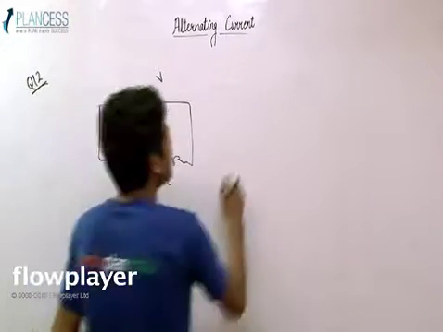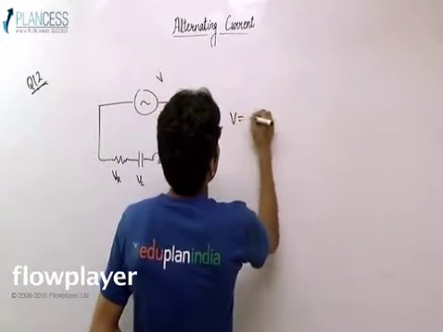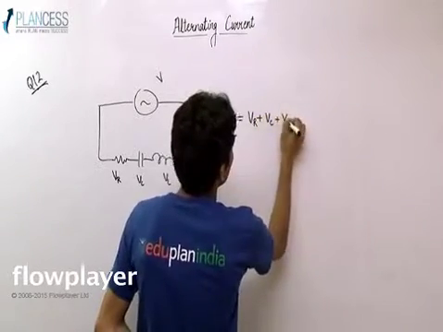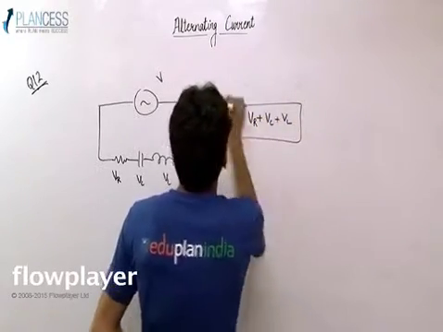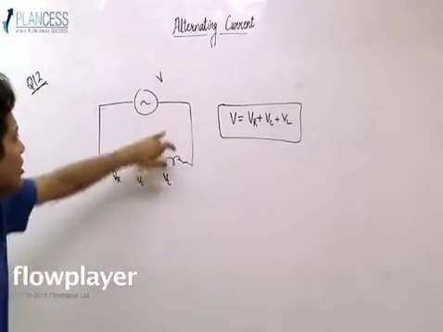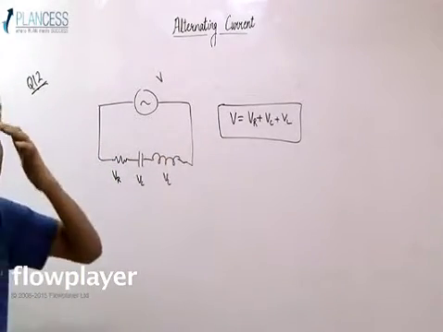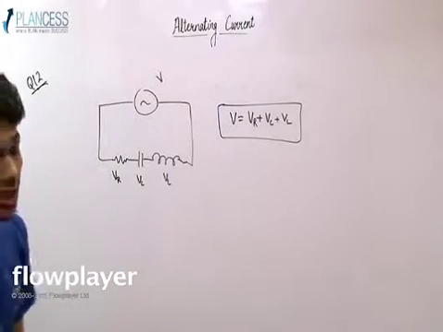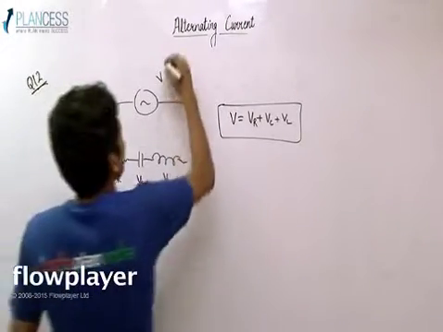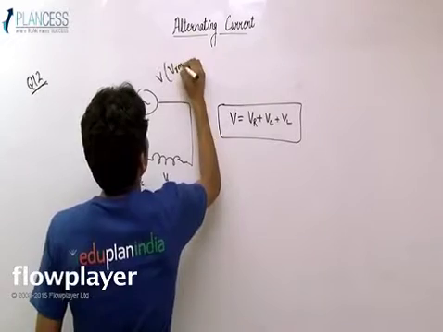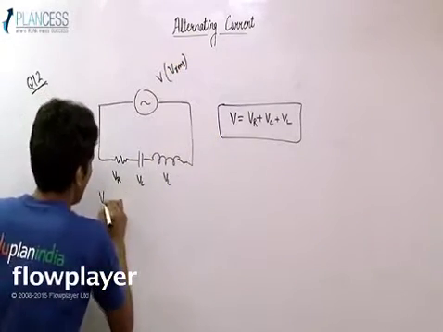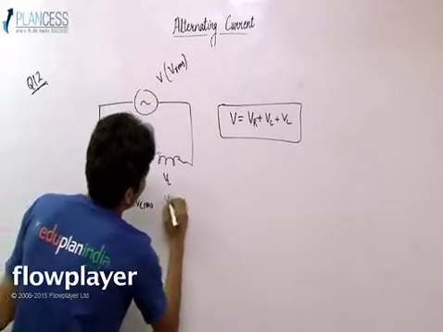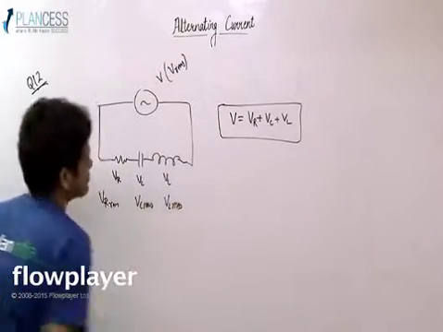The relation between instantaneous voltages is V equals VR plus VC plus VL. This comes from Kirchhoff's voltage law. That is, if in this loop at any instant I apply KVL, then V has to be equal to VR plus VC plus VL. But let's say this is V RMS, the RMS voltage of the source, and these are VR RMS, VC RMS and VL RMS.